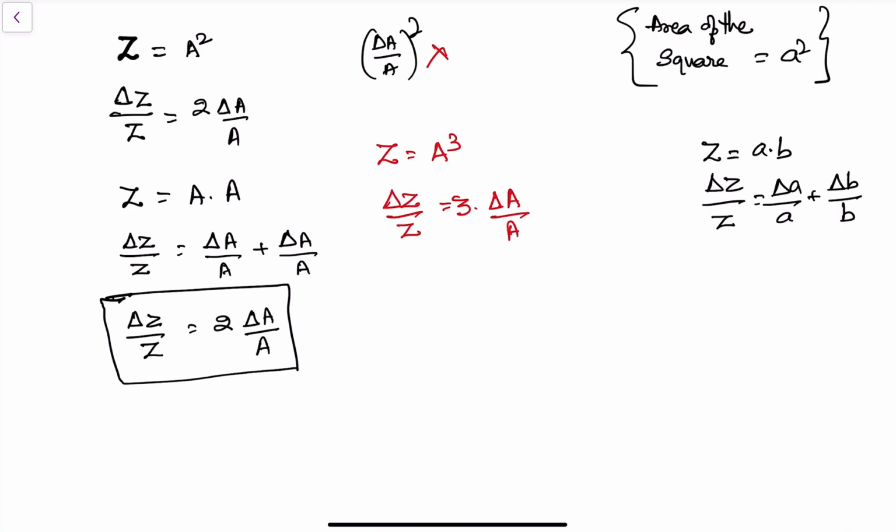So generally what happens, the power becomes a multiplier. Even if you take a negative power, it becomes positive. Okay. So in general, if you write z is equal to a power p, b power q, c power r, like say.